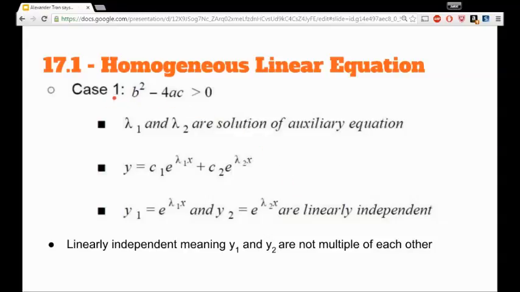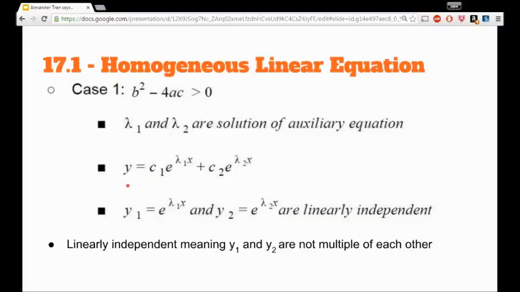This homogeneous linear equation has three cases. The first case is where b squared minus 4ac is greater than 0, which means lambda 1 and lambda 2 are both real solutions of the auxiliary equation.